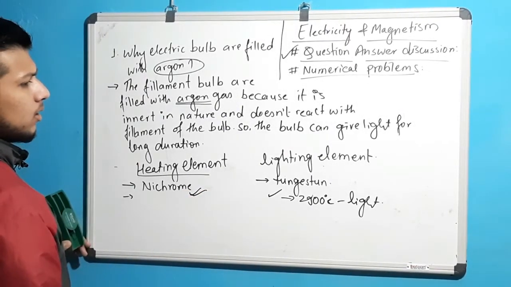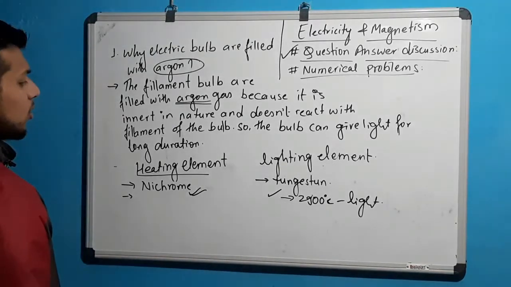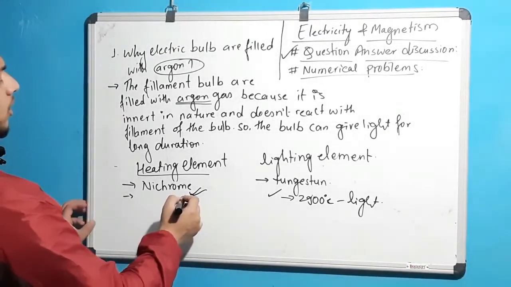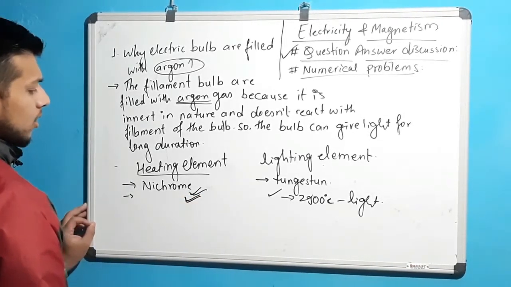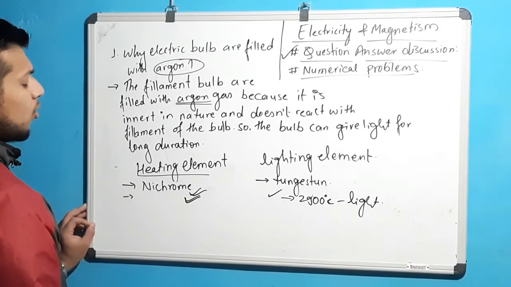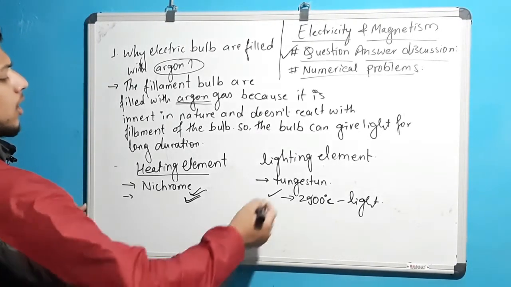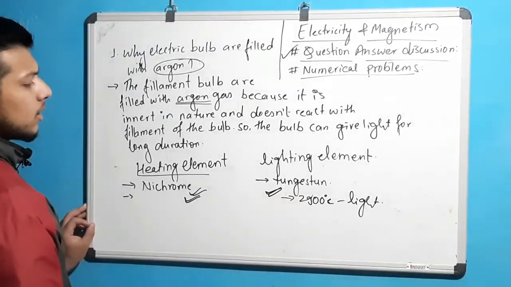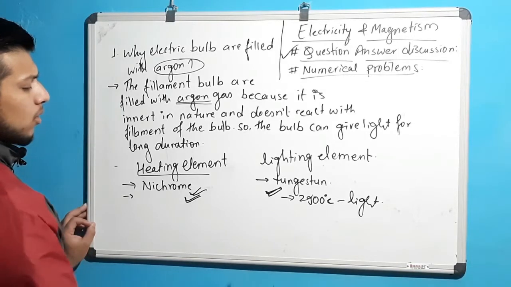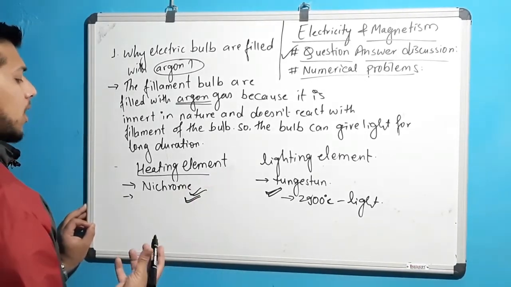So nichrome is better for a heating element because it has high resistance and low radiation, like the lighting effect. Those with high resistance heat up very quickly.